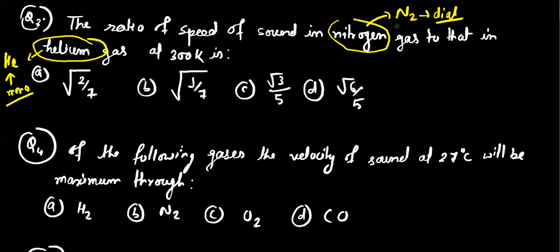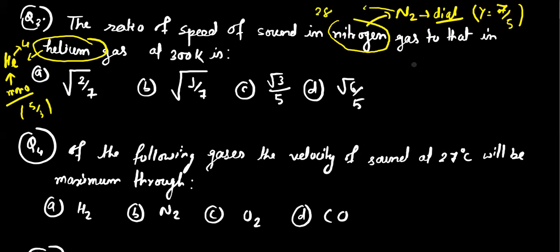Okay, this is a diatomic gas and this is a monoatomic gas. Gamma for diatomic is 7/5, and for monoatomic it is 5/3 in the form of fraction. Gamma is different, as well as molecular mass. Helium's molecular mass is 4 and nitrogen's molecular mass is 28.